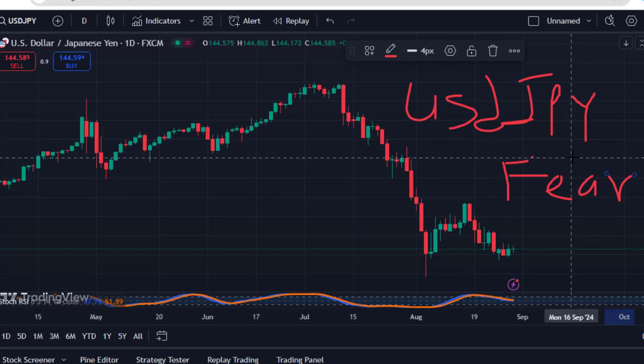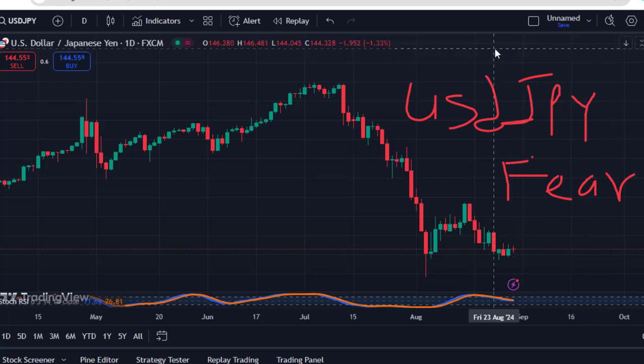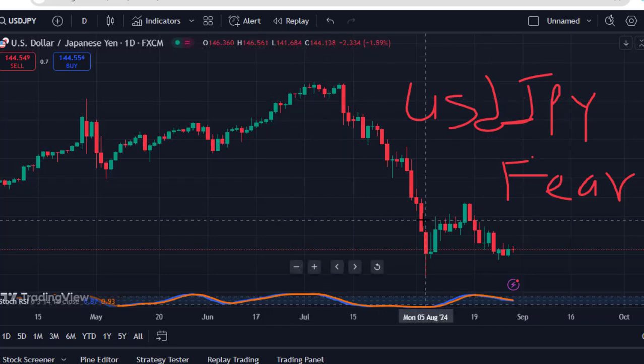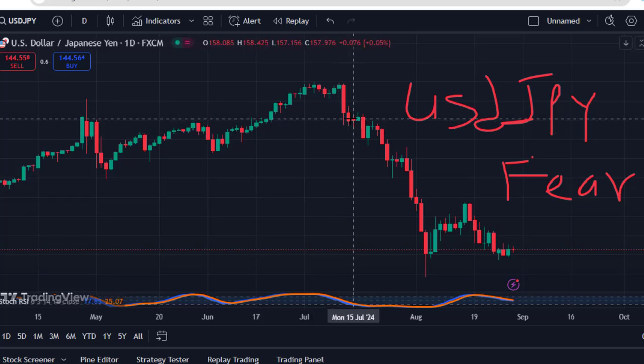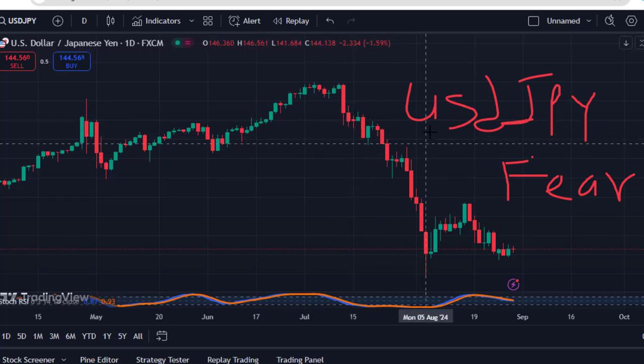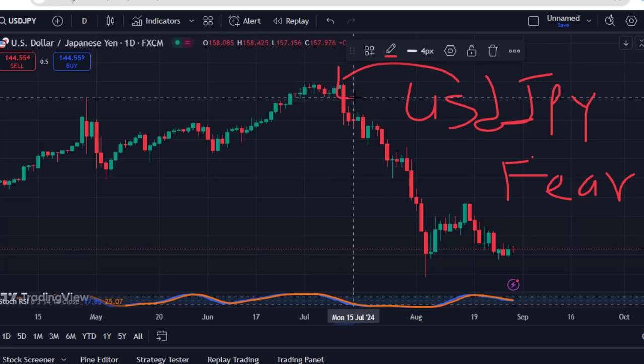So if JPY responds to fear, what that means is that if you are trading USDJPY, you have to short or sell the market to the downside, because the market is going to move in the direction of sellers.